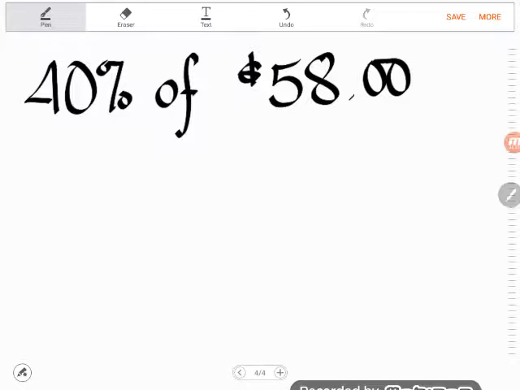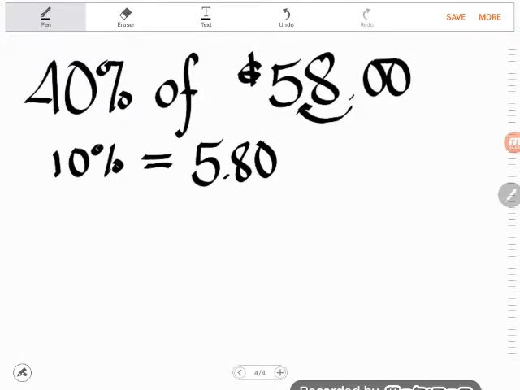40% of 58. Well, again, I could start with that 10 trick. I could just move that over once. That would give me 10%. So 10% would be $5.80. But I'm not looking for 10%. I'm looking for 40%. And I ask you, how many tens is that?